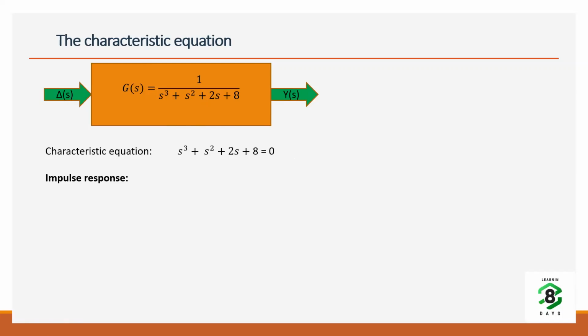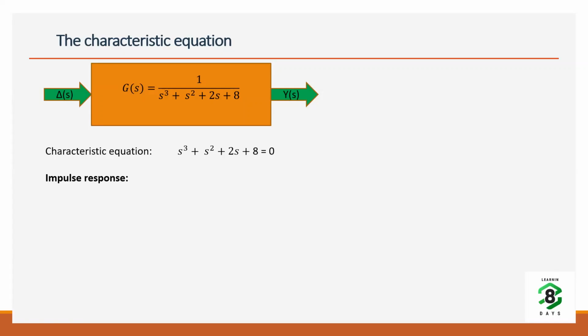Now, the characteristic equation tells you something about the impulse response. If you remember, the second condition of stability is that if you don't have any input, the output should go back to 0. So what does it mean? It means your impulse response finally should go to 0.